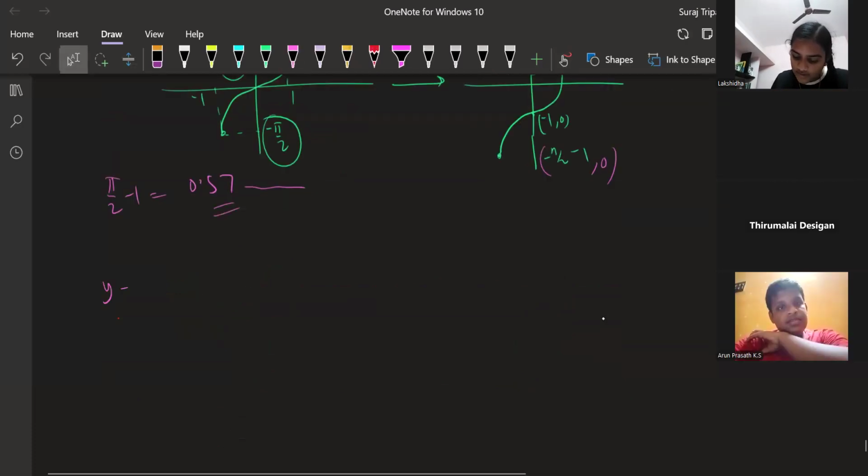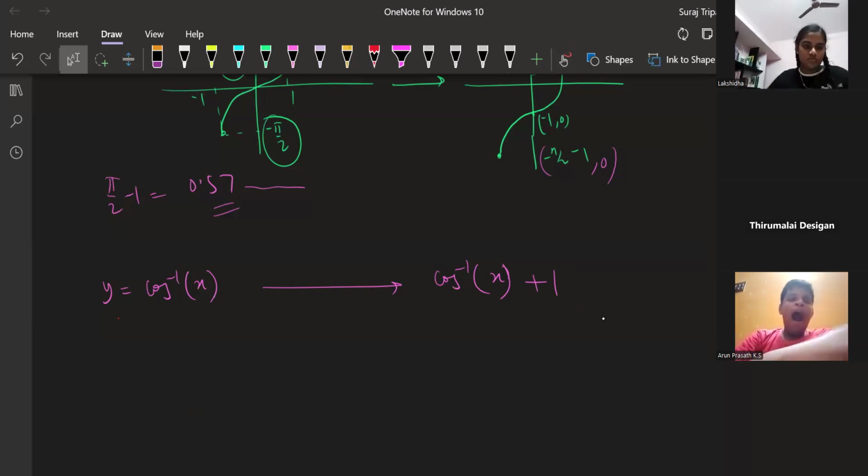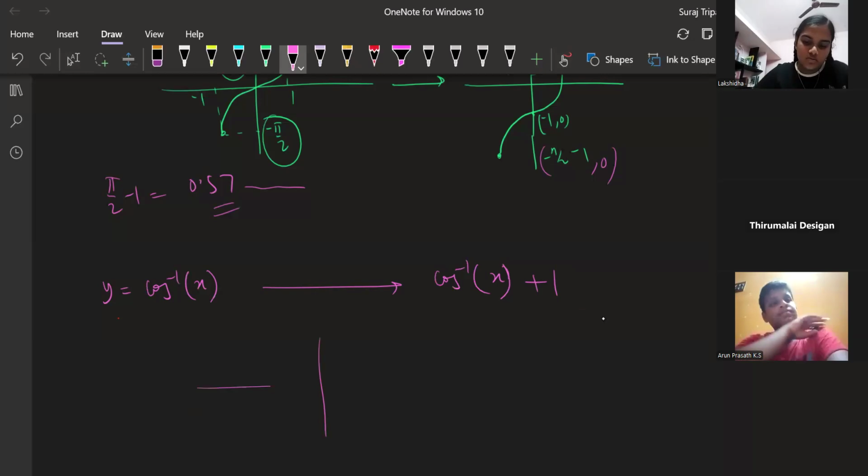Draw one more: y equals cos inverse x plus 1. Here you have to shift the graph of cos inverse x upside by 1. The graph of cos inverse x is this one.